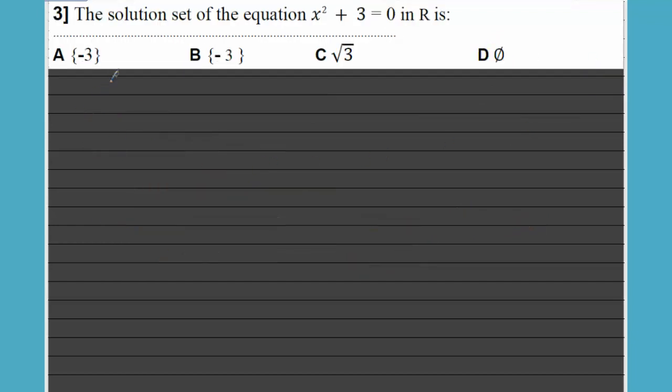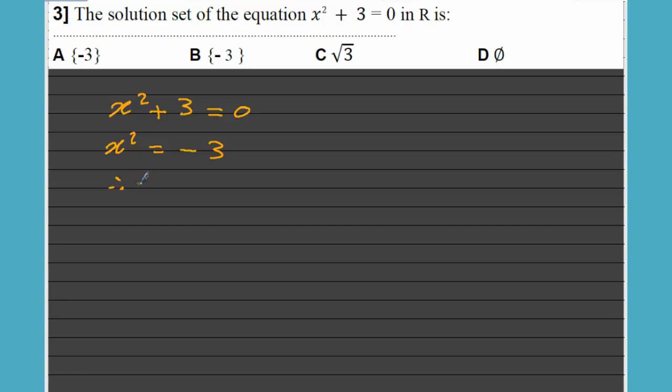Next question. The solution set of the equation x squared plus 3 equals 0. Now x squared equals negative 3.